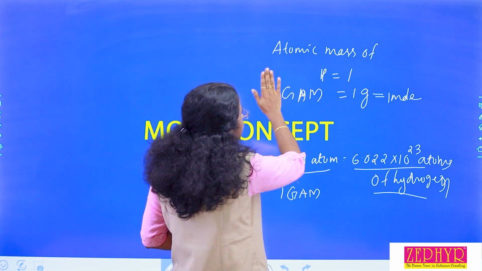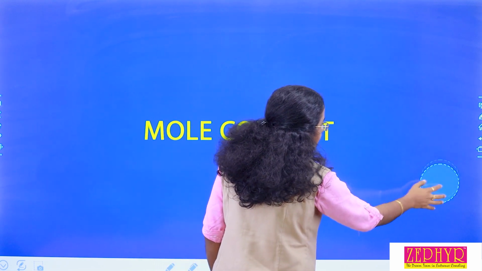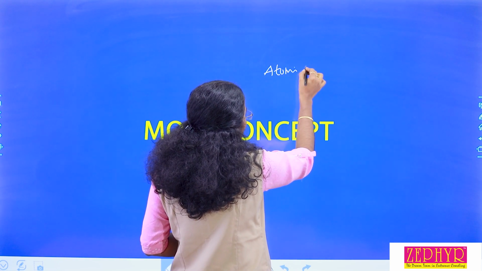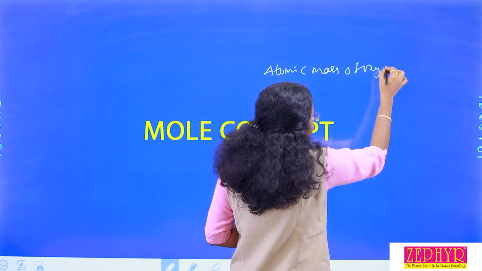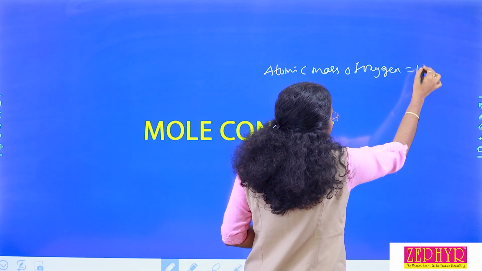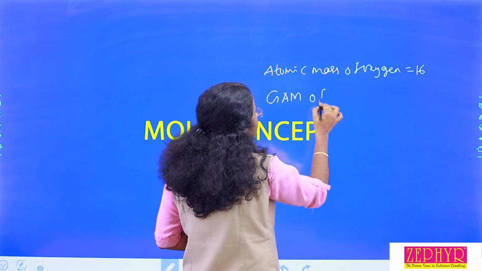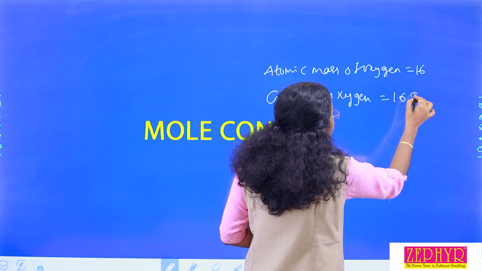Another example is the atomic mass of oxygen. Atomic mass of oxygen is 16. What is the GAM of oxygen? GAM of oxygen is 16 gram.